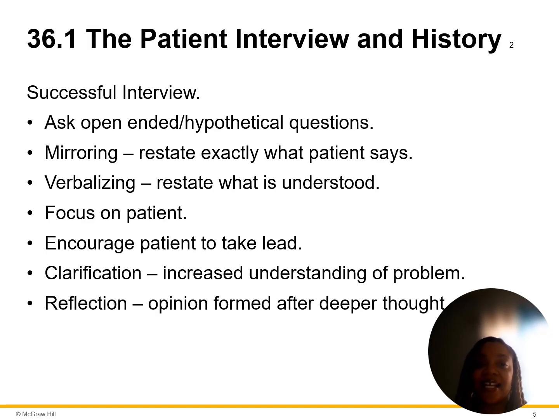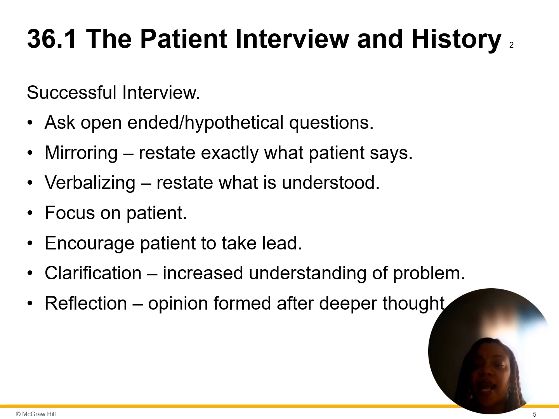Now let's look at a patient interview and history, and the successful interview. Before starting the patient interview, you want to take the time to review the medical record, and then develop a plan for asking pertinent questions. You want to make sure your questions will get you the answers you actually need to be able to help the physician.